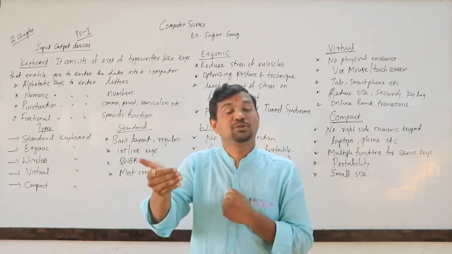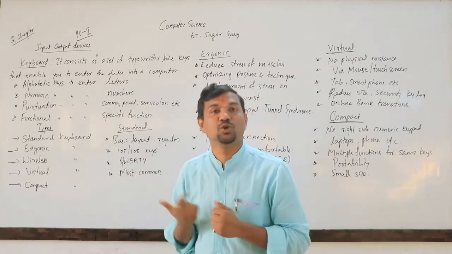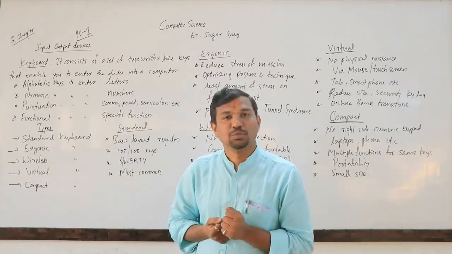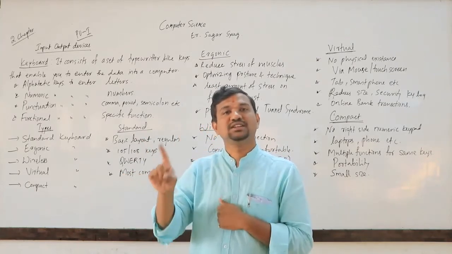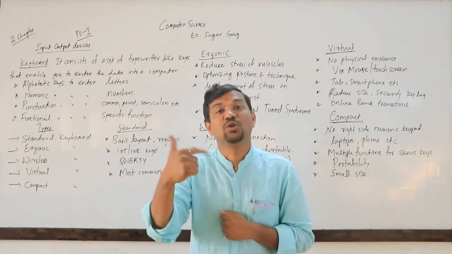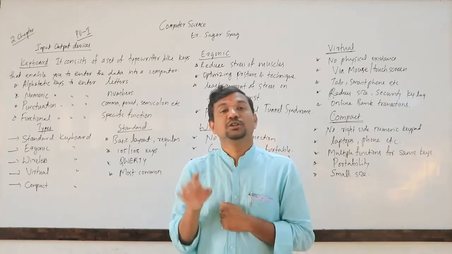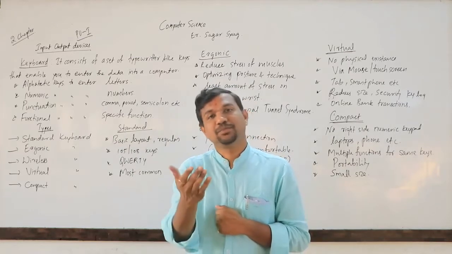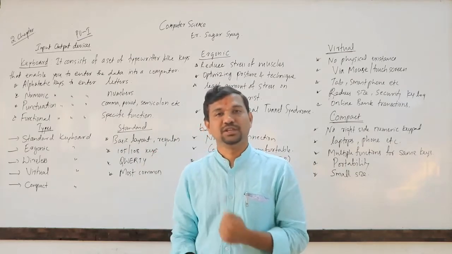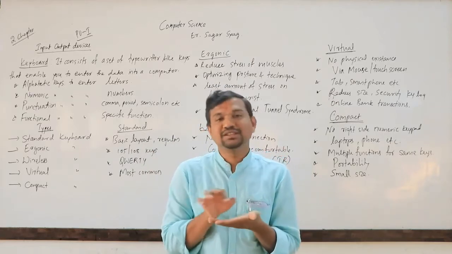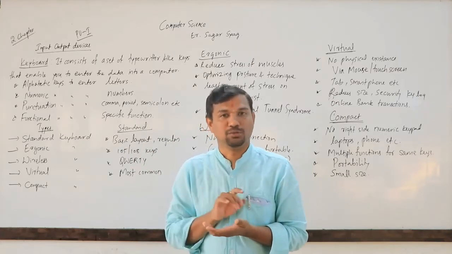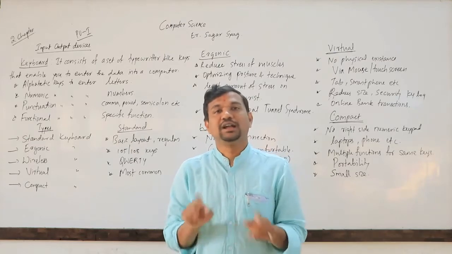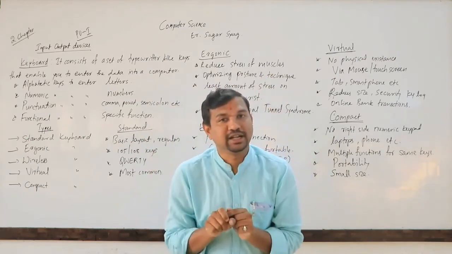So what is output? The computer processed data is known as output. Through output devices it comes out. See, we are typing something on the keyboard, and that will be displayed on the monitor.